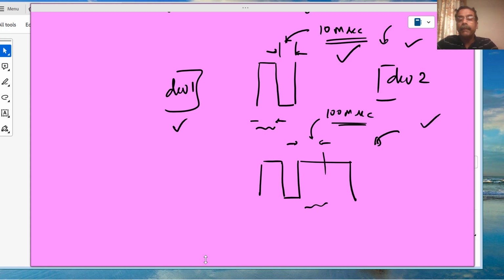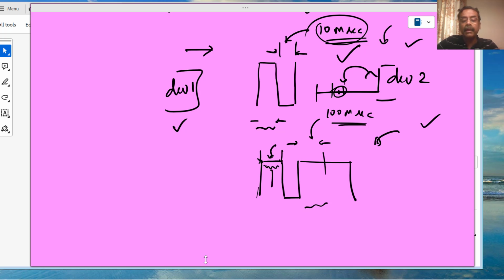Why should it be? Because suppose this data is coming from device 1 to device 2. Device 2 is supposed to look at the line every 10 milliseconds to see whether the value is 0 or 1. And when deciding to look at the data, it should not look at the transition period because that's changing. So it should try to look at the data in the middle of the information.